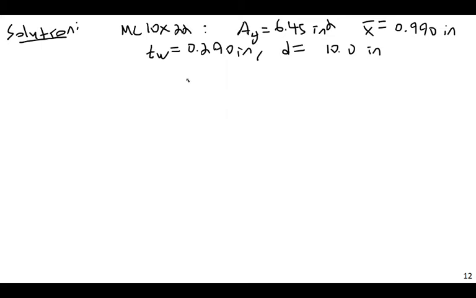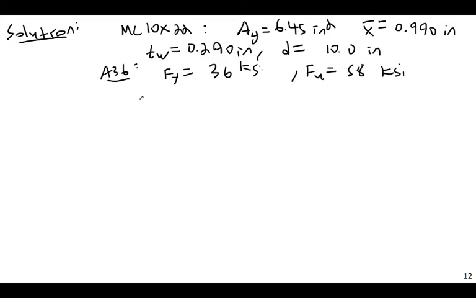Then for the A36, in terms of material properties, Fy, the yield strength, is going to be equal to 36 ksi, and an ultimate strength Fu equal to 58 ksi.